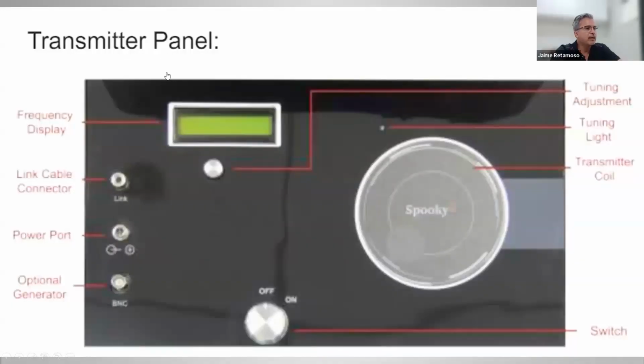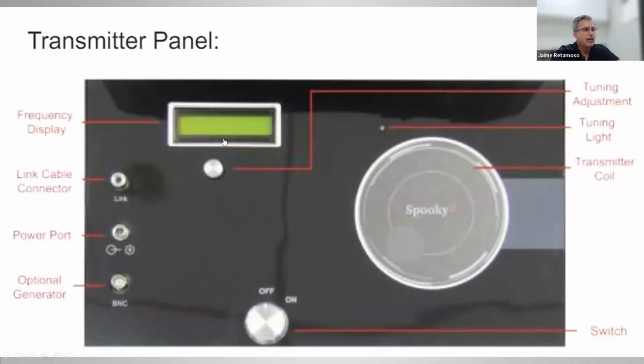So the transmitter panel, you have these parts here. The power port is where you put the adapter with the energy, okay? Optional generator, we can use an edge generator here, and the link cable, okay? These are the points that are very important. This is the on and off switch, okay?